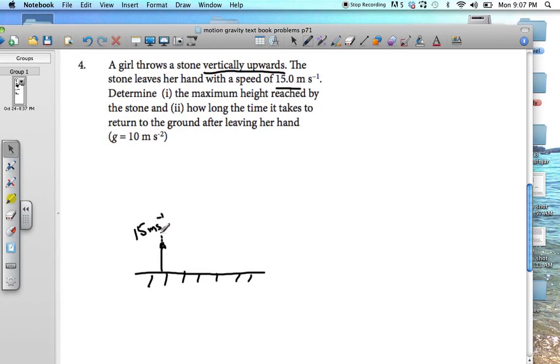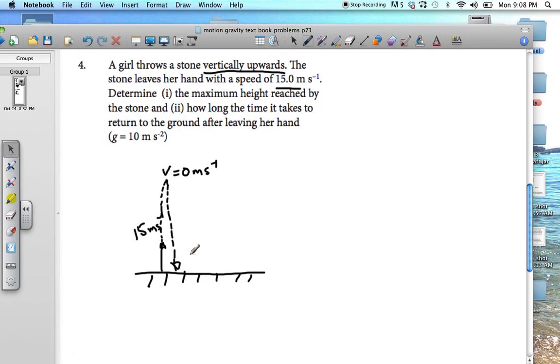Now the stone is going to go up and then it is going to fall down. It will fall down exactly where it went up. But at this highest point, the velocity is equal to 0. And it will come down with the same velocity.